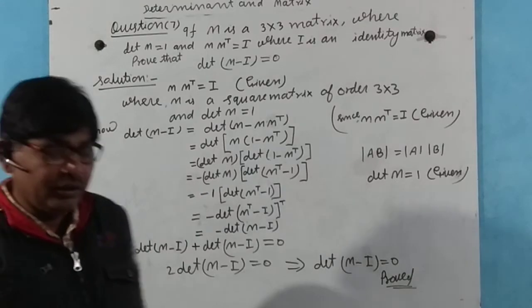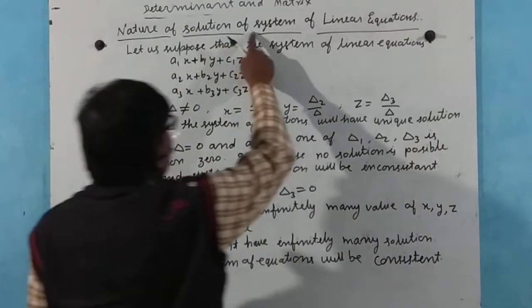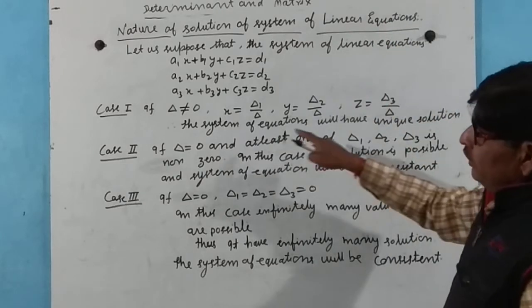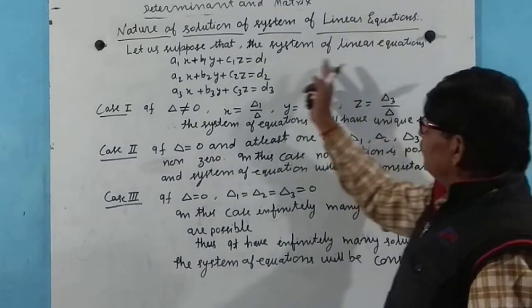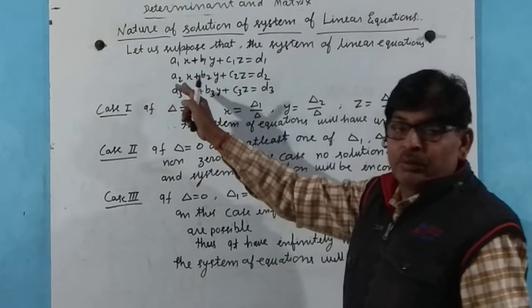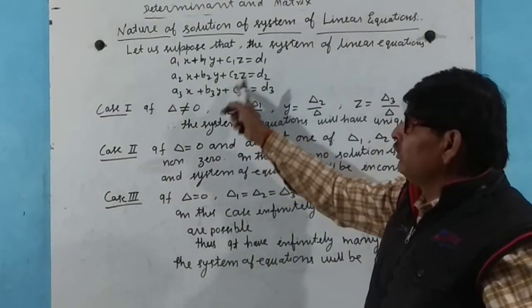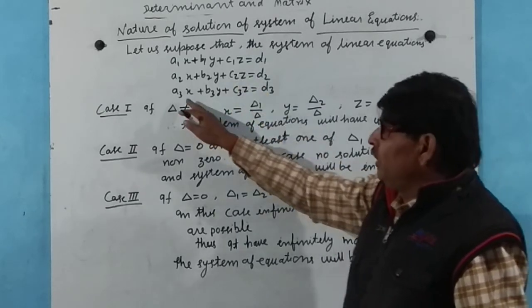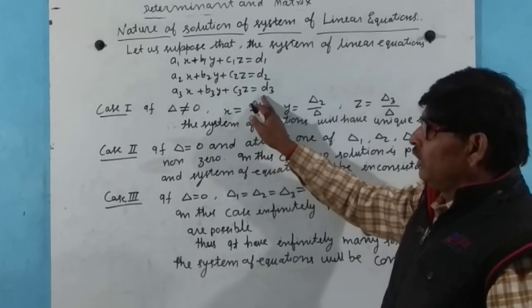Now we take another problem here. Now here, nature of solution of system of linear equations. Let us suppose that the system of linear equations is a1x plus b1y plus c1z equal to d1, a2x plus b2y plus c2z equal to d2, a3x plus b3y plus c3z equal to d3.